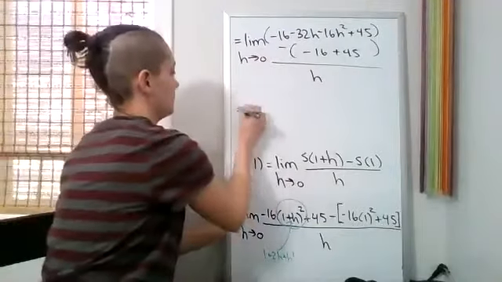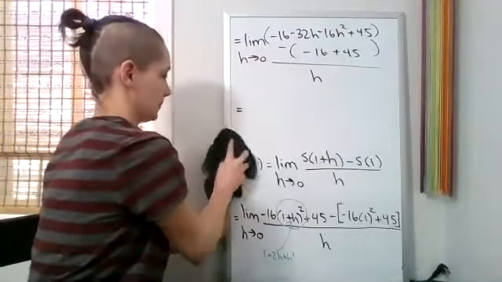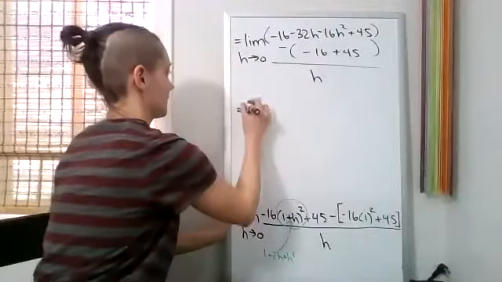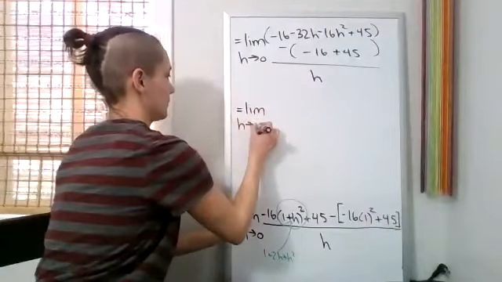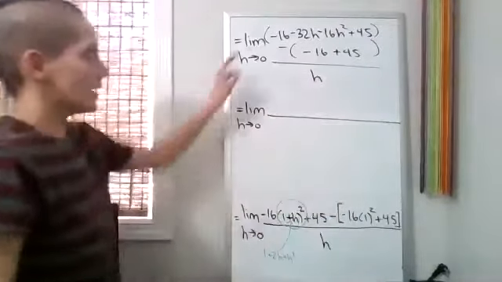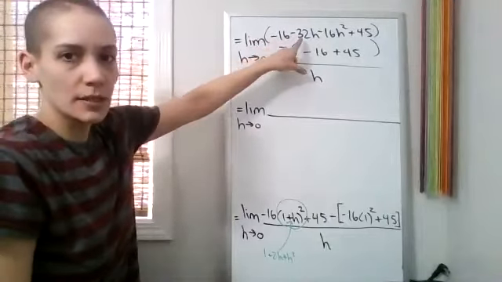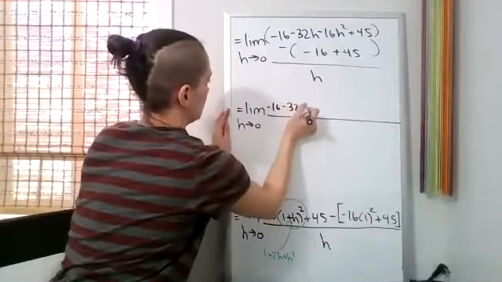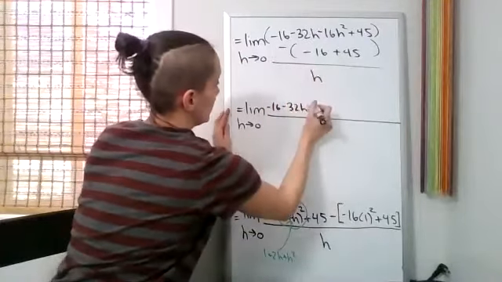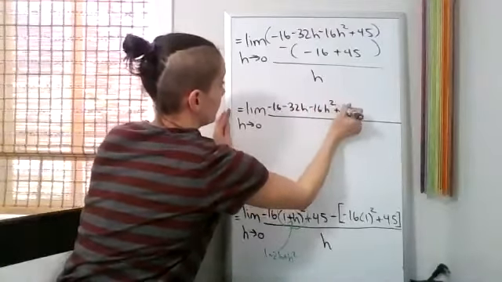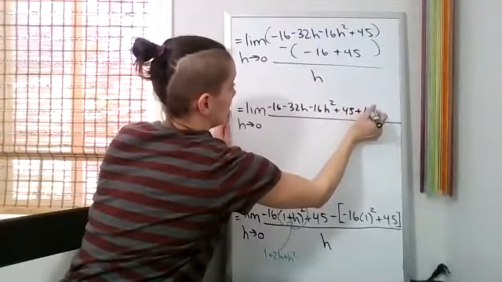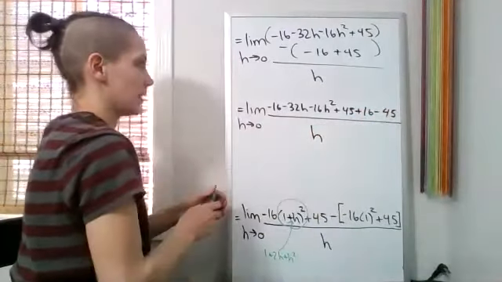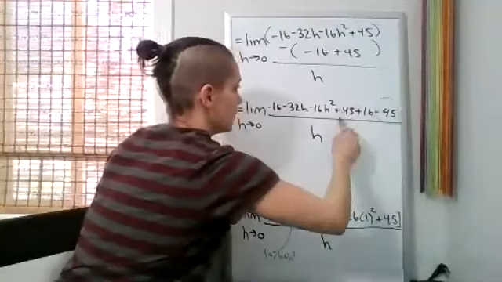Okay, this is right one more time. Negative 16 minus 32h minus 16h squared, add 45, add 16, subtract 45. All right. That's going to add up to 0.